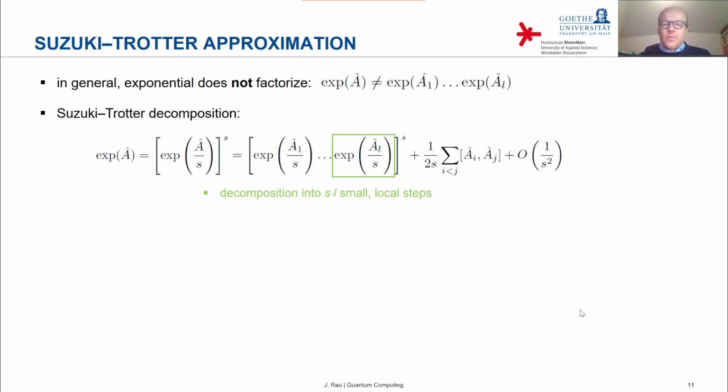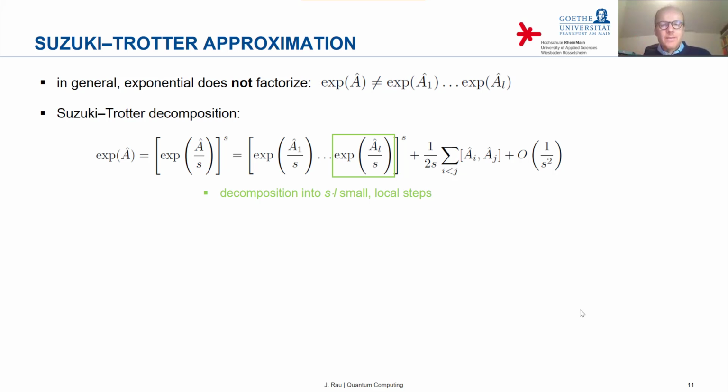And what we have effectively done is we've decomposed the big unitary transformation, first of all, into s small steps, and then we further decomposed each of these s small steps into L small steps, corresponding to the A_i, of which there were L. So altogether, we've decomposed the unitary transformation into s times L small steps, and each of these steps is generated by just one of the A_i's, and therefore involves only local interactions.